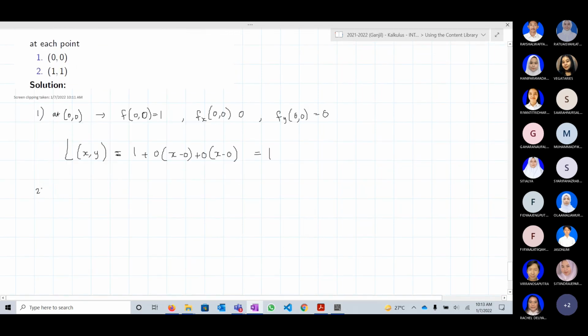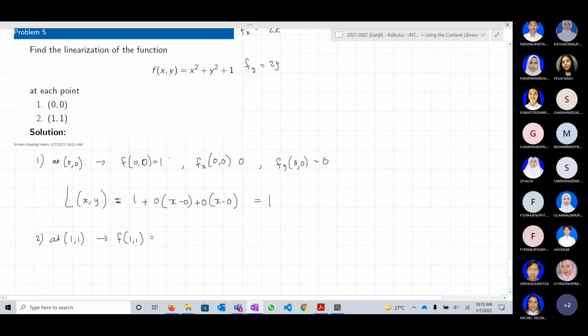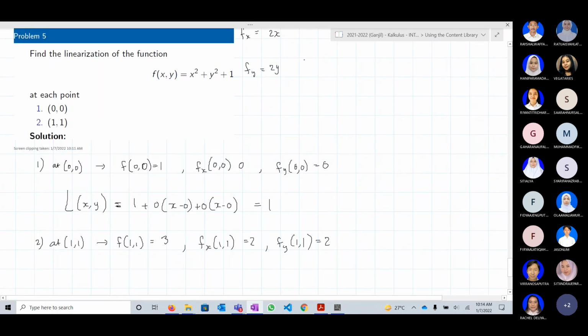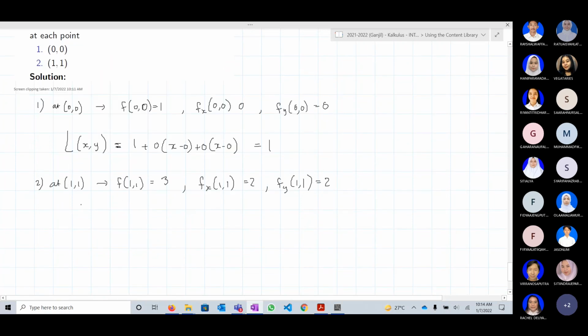And for the second one, at 1 comma 1, we have that f(1, 1) is 1 plus 1 plus 1, 3. fx at 1 comma 1 is 2, and fy at 1 comma 1 is also 2, because 2 times x and 2 times y.